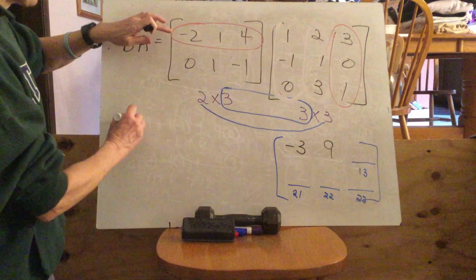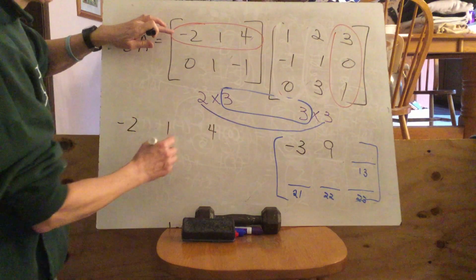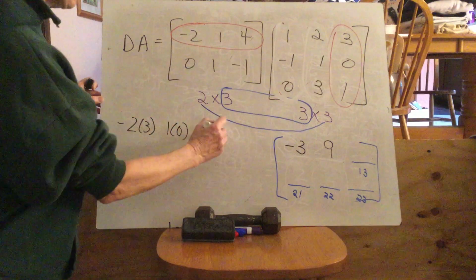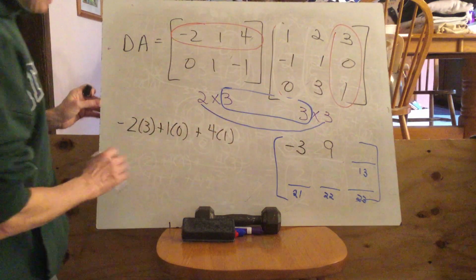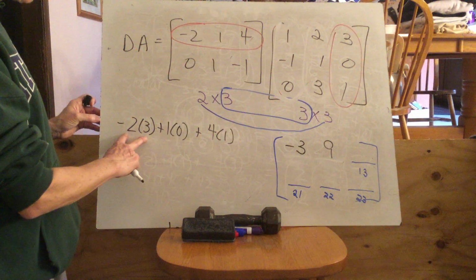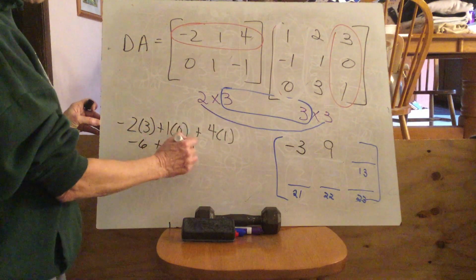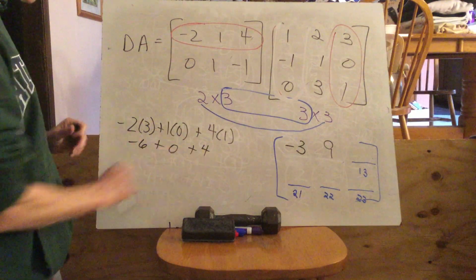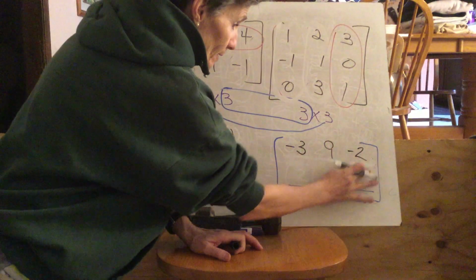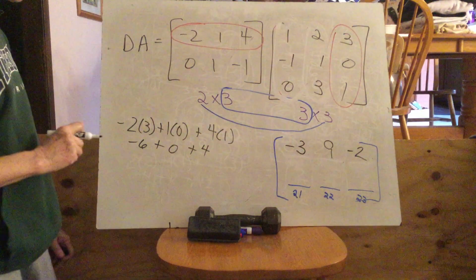And I'm going to write down the numbers in the first row, and then attach the numbers in the third column. And I'm going to multiply each pair and add them up. So I have a -6, a 0, and a 4. So -6, 0, and 4 makes -2. And that's the number that goes in that spot.